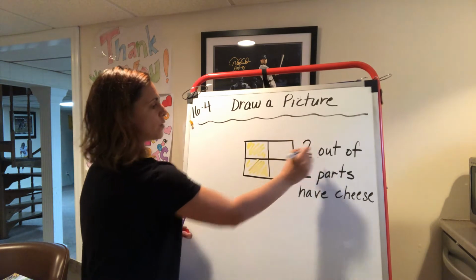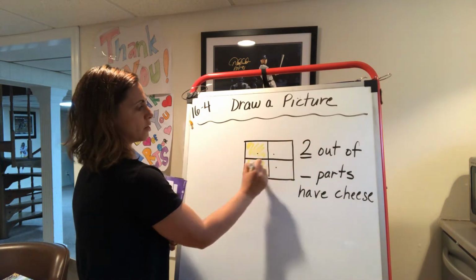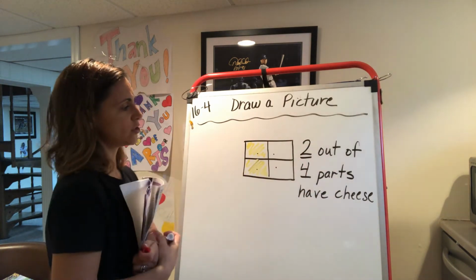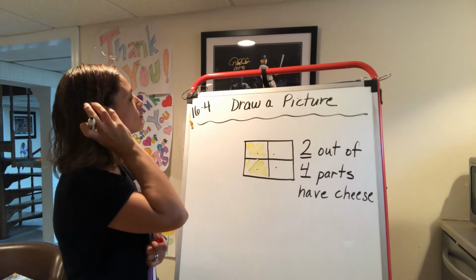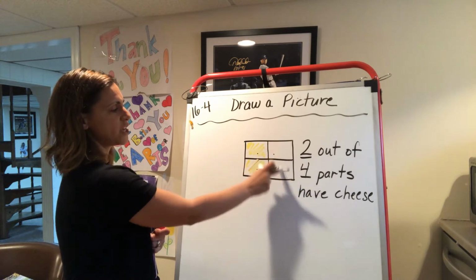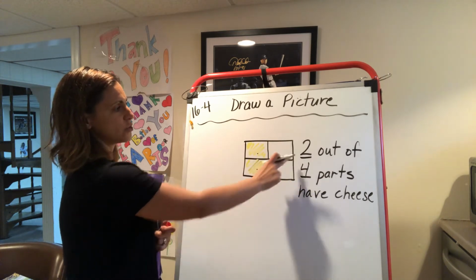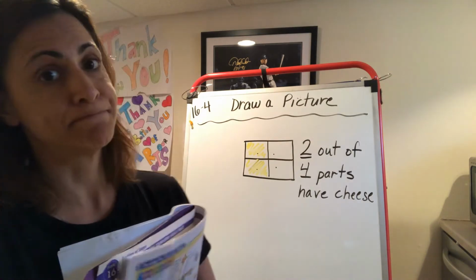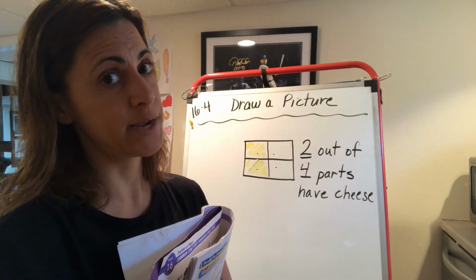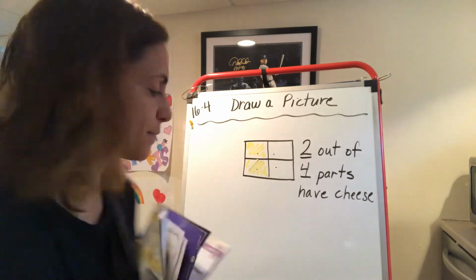So 2 out of the 4 parts of the sandwich have cheese, so the yellow parts. So 2 are yellow. 2 do not have cheese. 2 have cheese. So 2 out of the 4 parts have cheese. That was a little tricky. Let's try another one.